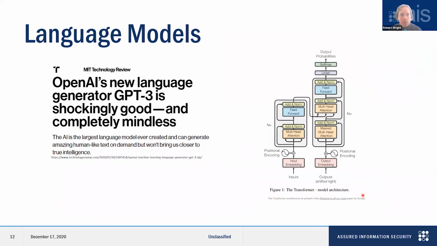But I think one of the things that I was most surprised by is the advances in language models and their ability to produce realistic looking text and language. So in 2018, I believe, OpenAI came out with a language model that could produce realistic looking text and sequences called GPT-2.